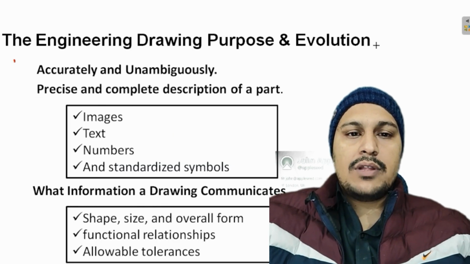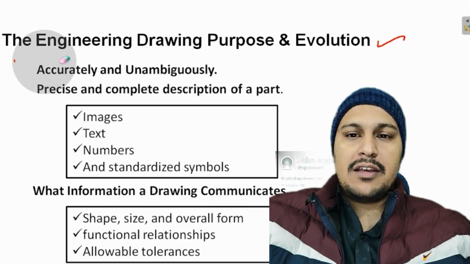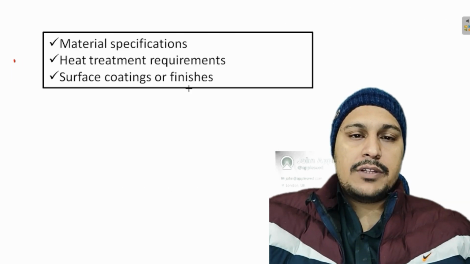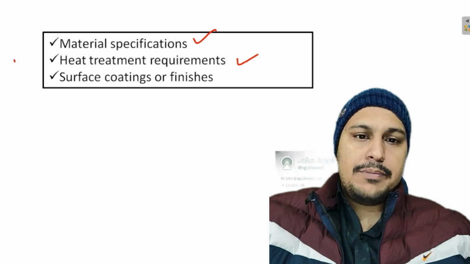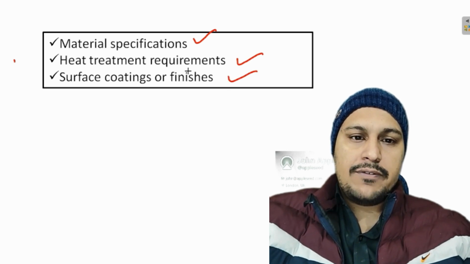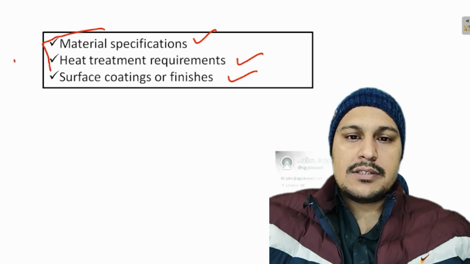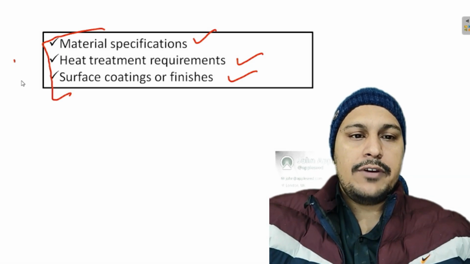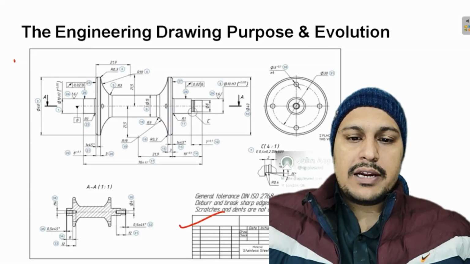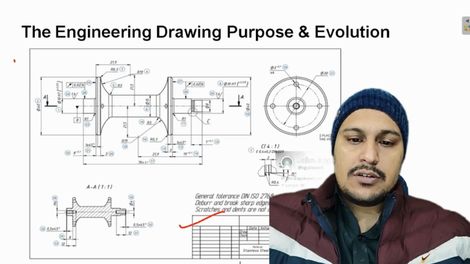So what we have discussed now is the engineering drawing, its purpose and evolution. In addition to the geometry and the tolerances, the drawing also has the following information: material specification, heat treatment requirements, and surface coating. As I told before, this is the title block of the drawing.